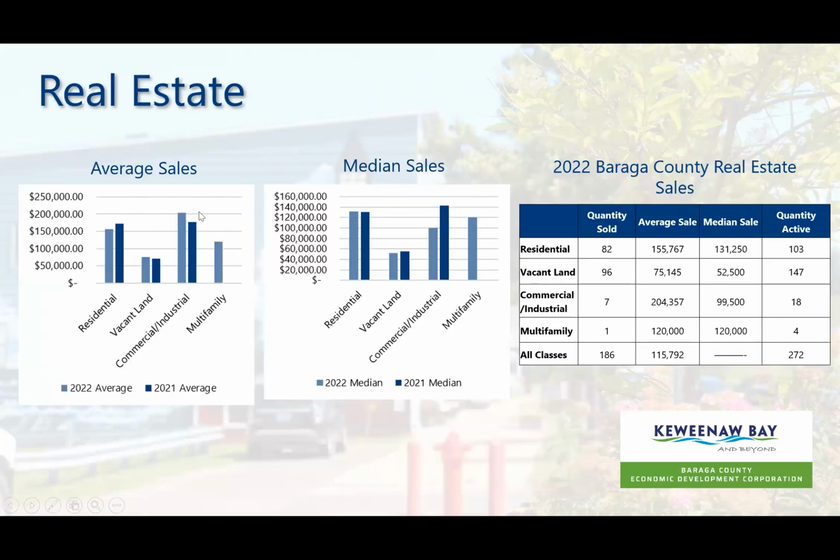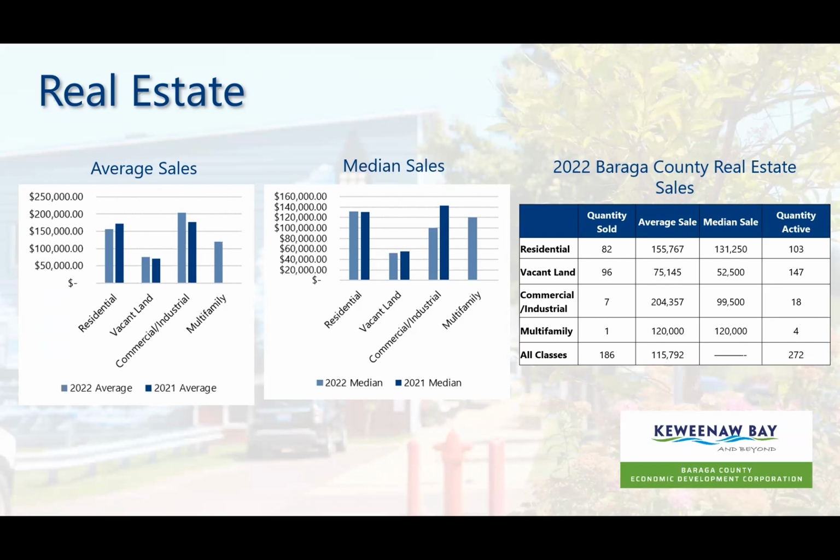And then lastly, the other one that I want to highlight is real estate. Housing is a hot topic in just about every conversation we have as economic developers, which is why it's important to track real estate sales. Here you can see that the overall quantity of properties sold compared to the previous year was down from 213 to 186.